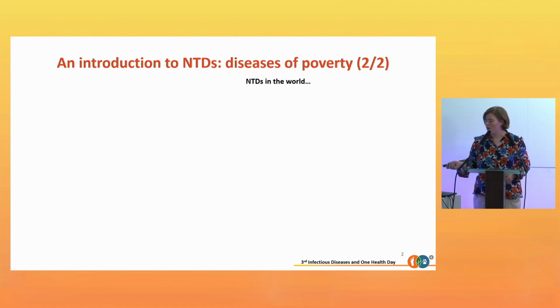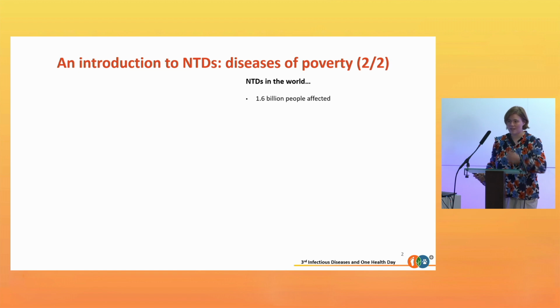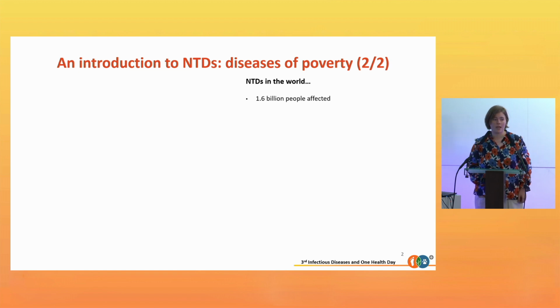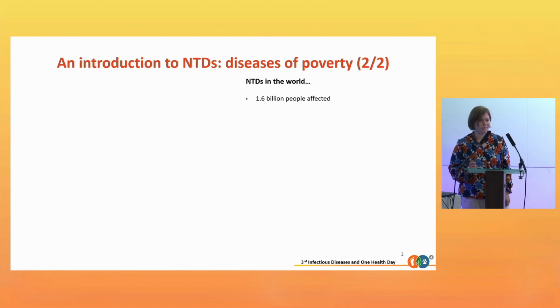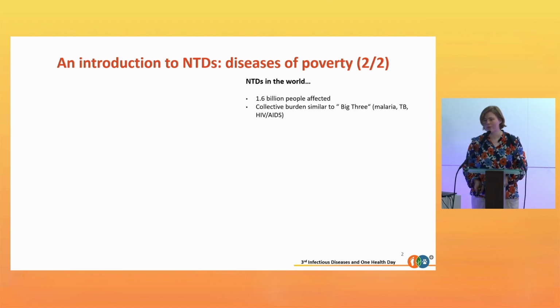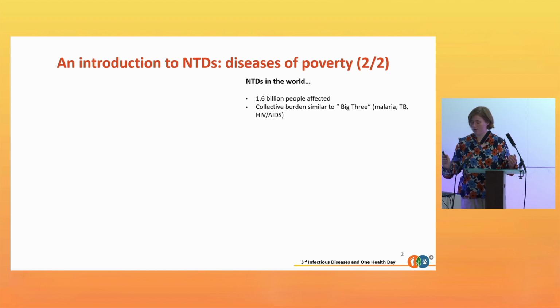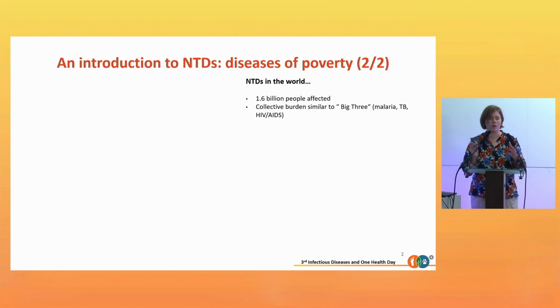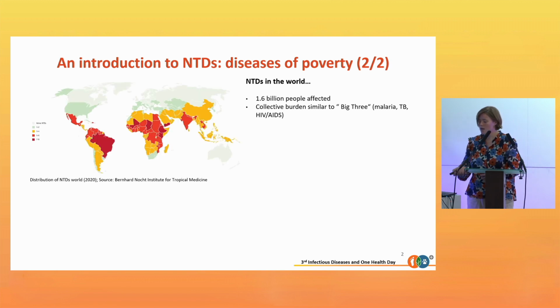So in terms of epidemiology, there are 1.6 billion people affected by NTDs in the world, which I feel is very huge. Although they don't kill much, their collective burden is similar and can be compared to one of the big three: malaria, TB, HIV/AIDS.